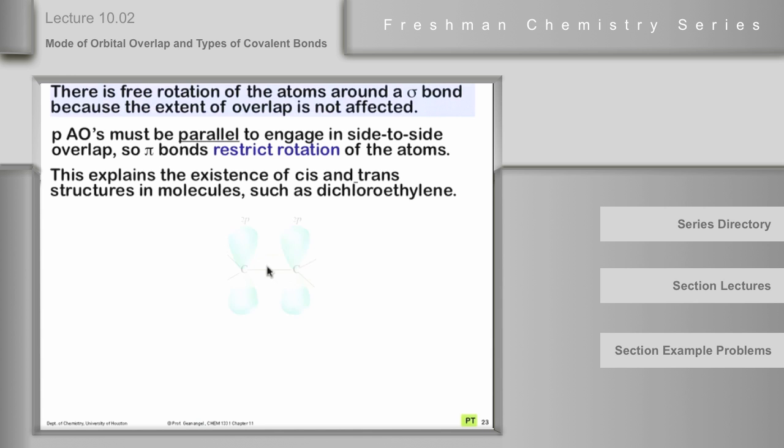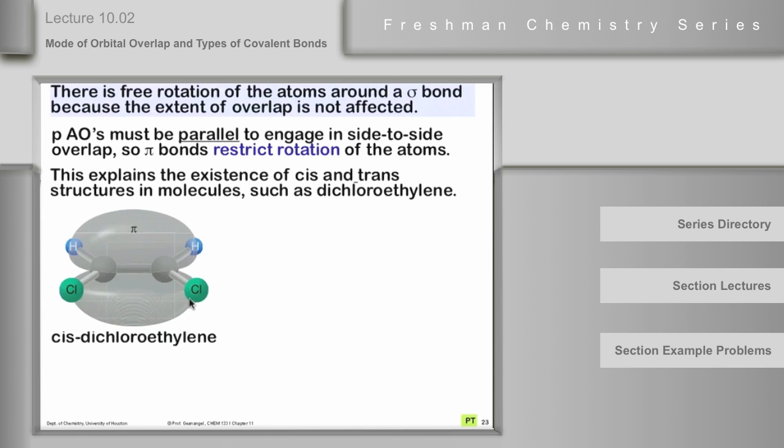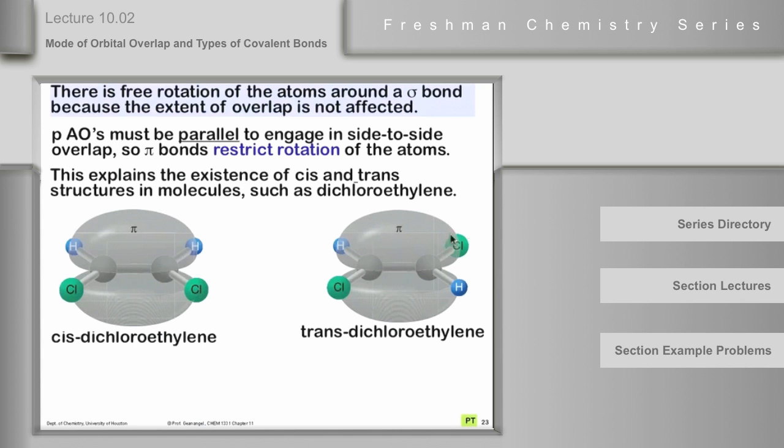Now, I want to just notice that if you look at cis dichloroethylene here and trans dichloroethylene here, both of them have a filled pi bond. In other words, a working sigma bond and a pi bond here. So both of them have a double bond, and therefore these cis and trans structures can exist when that's the case.